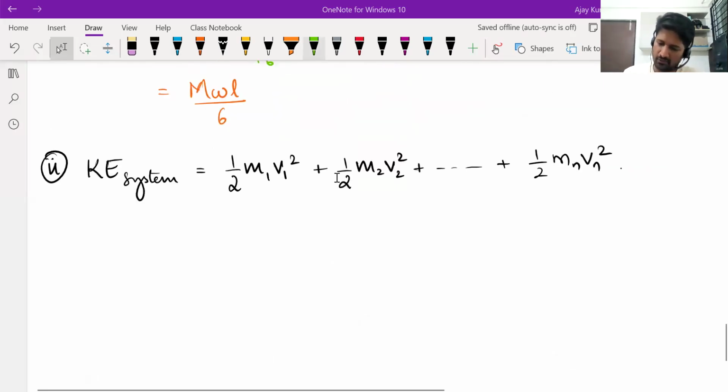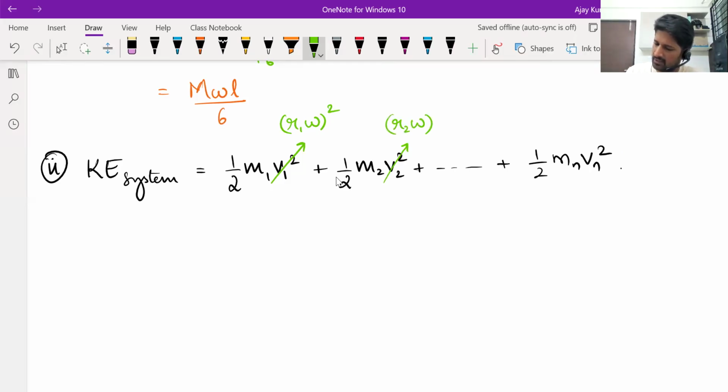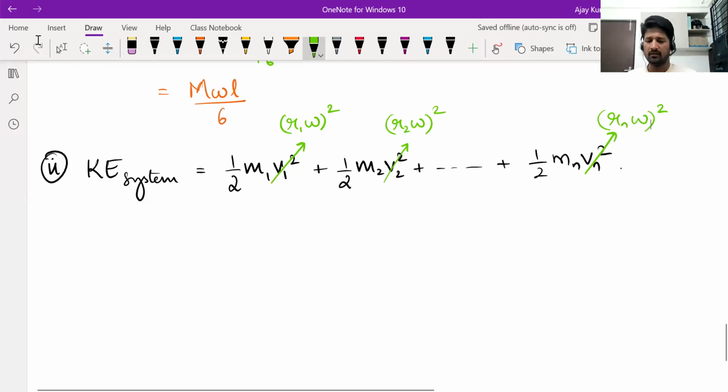The only thing we can do is write V1 as R1 omega and square it, V2 as R2 omega and square it, so on, Vn as Rn omega and square it. What are R1, R2 and so on?